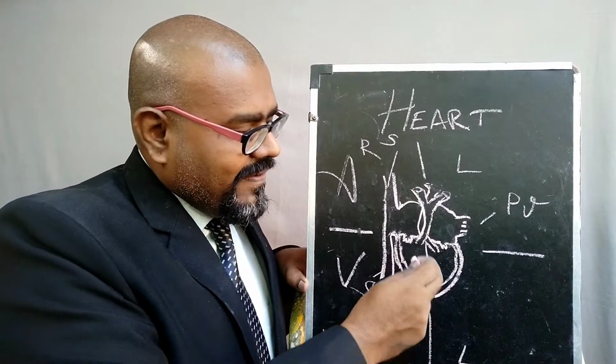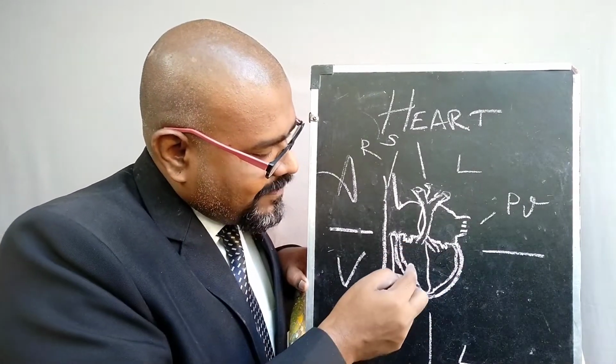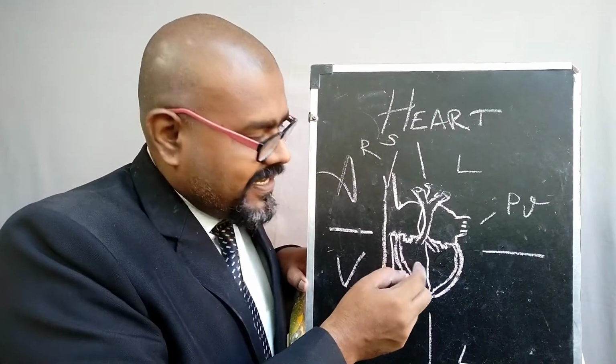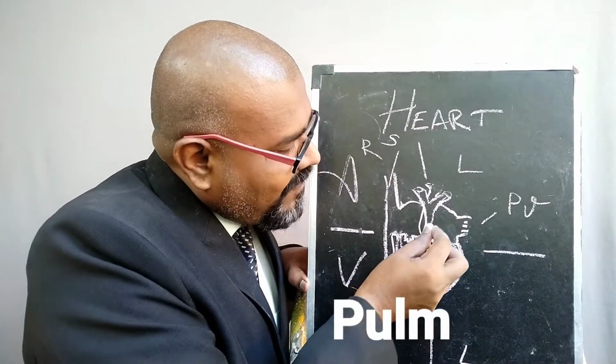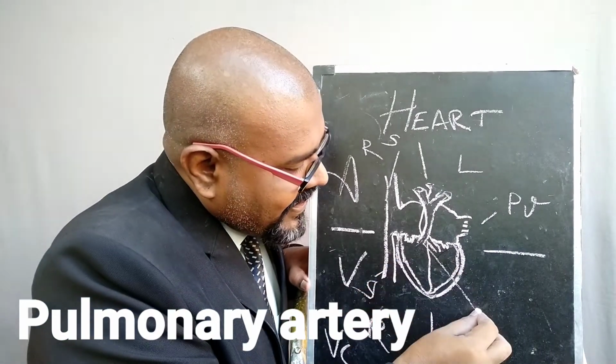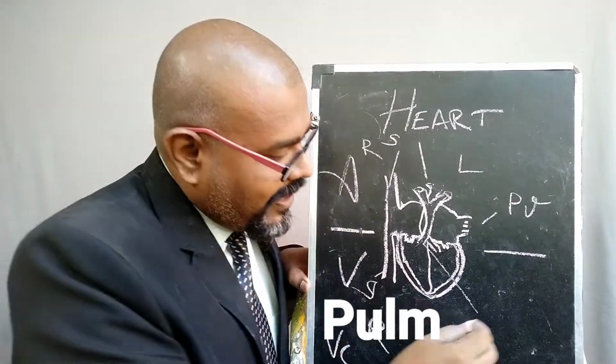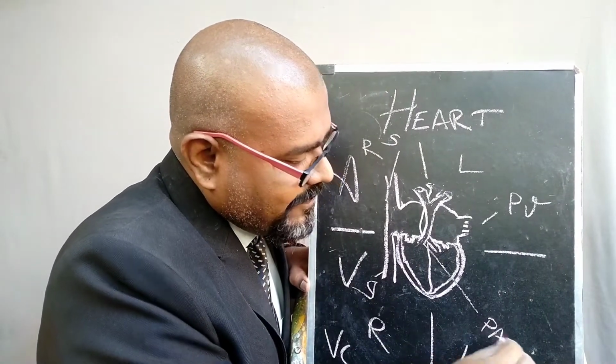In the ventricle we have the valve. Just take the right ventricle as an example. This right ventricle has a vessel emerging out, and this particular vessel is nothing but your pulmonary artery.